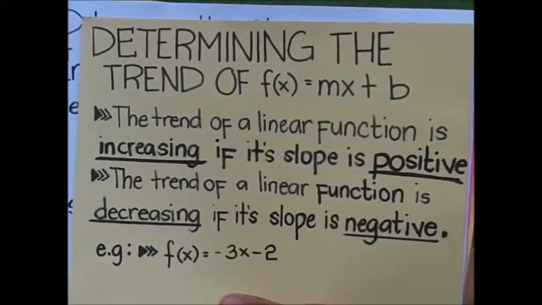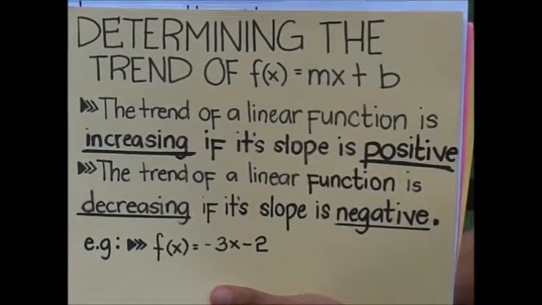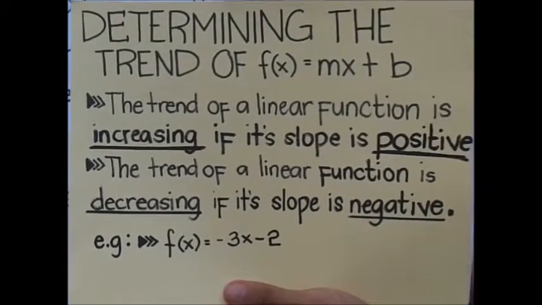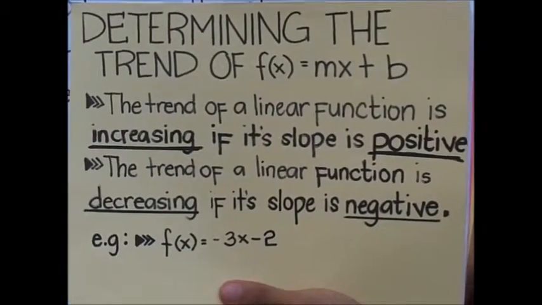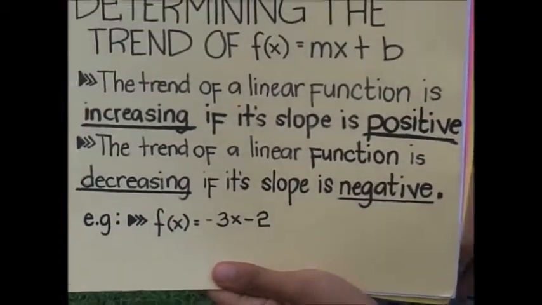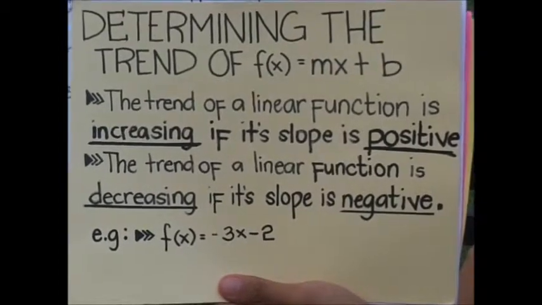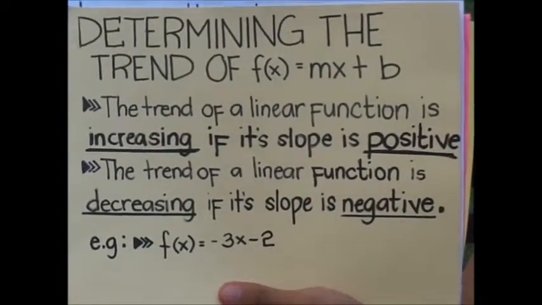Hello again. So for the next subtopic, determining the trend of the linear function f of x is equal to mx plus b. Further reminders here: first, the trend of a linear function is increasing if its slope is positive.